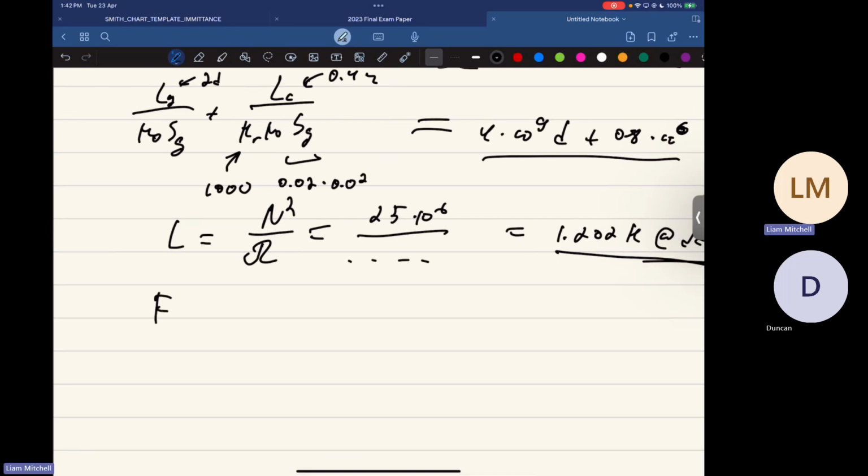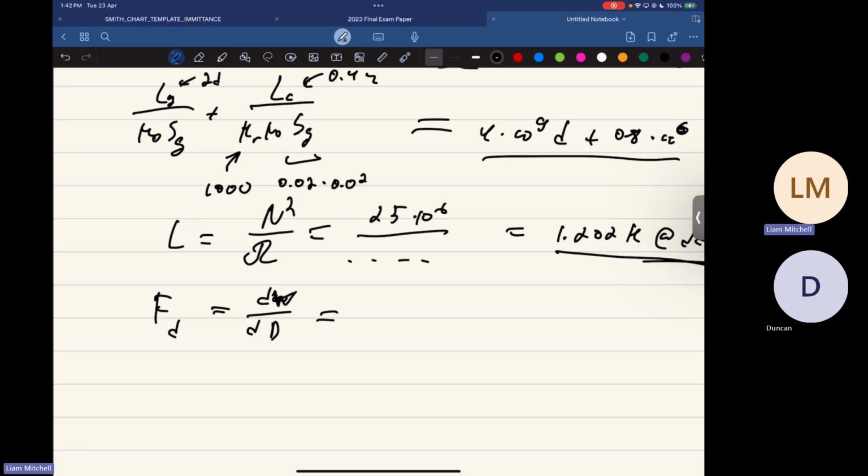Our force along d is going to be dW over dd. It's really bad notation, so I'll just use a capital D, because dd is not nice.